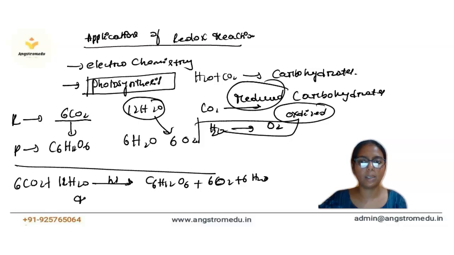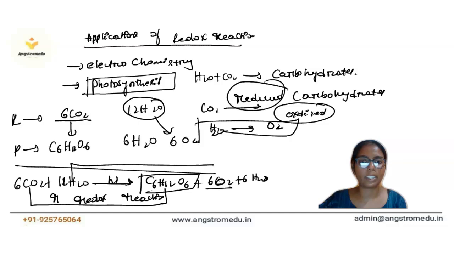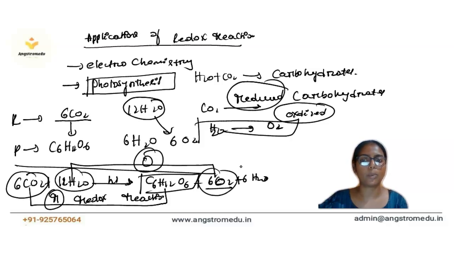So this is the redox reaction. The final products are the carbohydrates plus oxygen. Here this is the reduction, and here the water gets converted into oxygen, that is oxidation. That means reduction means it gains electrons. Oxidation means it loses electrons. So this is the concept of redox reaction.